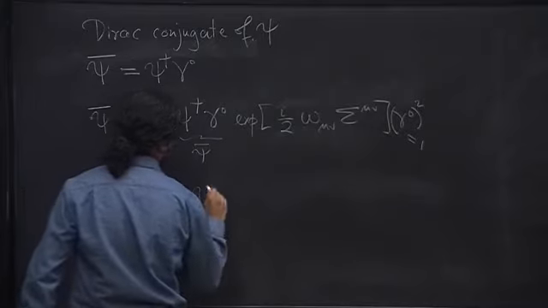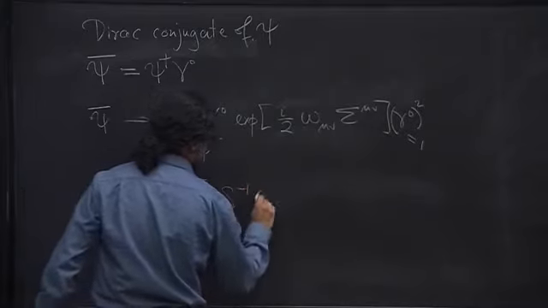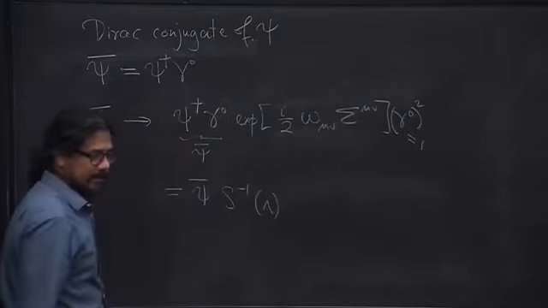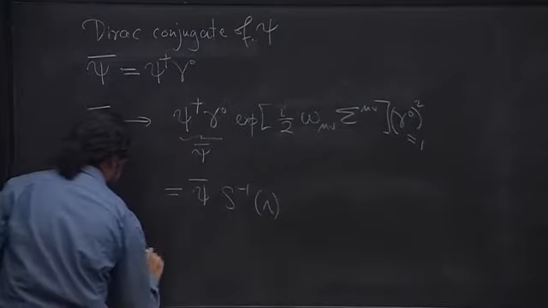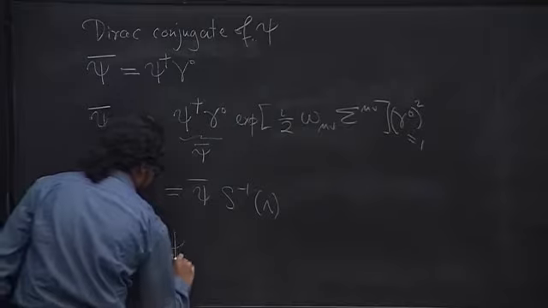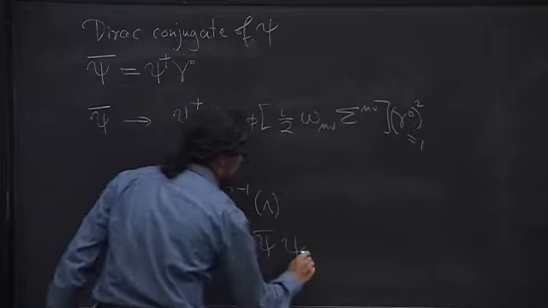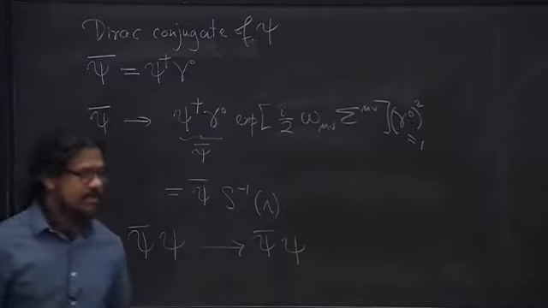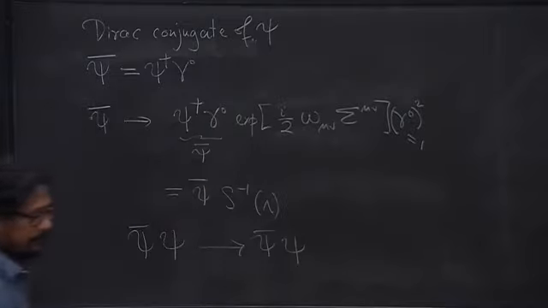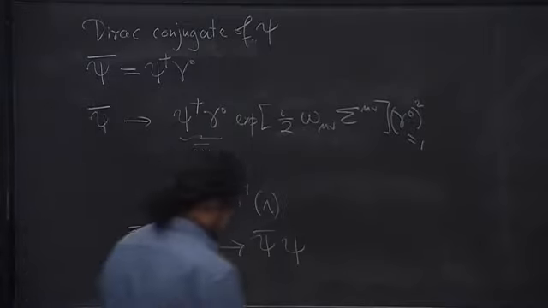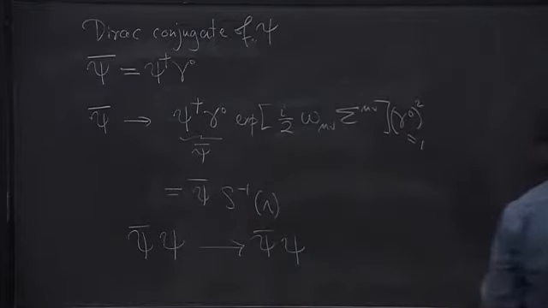So this becomes psi bar S inverse. So we conclude that psi bar psi under a Lorentz transformation remains invariant, whereas psi dagger psi doesn't. Okay? So this is a Lorentz scalar.